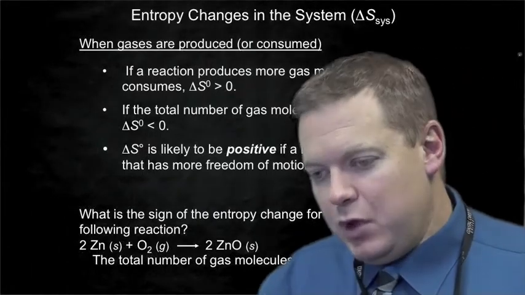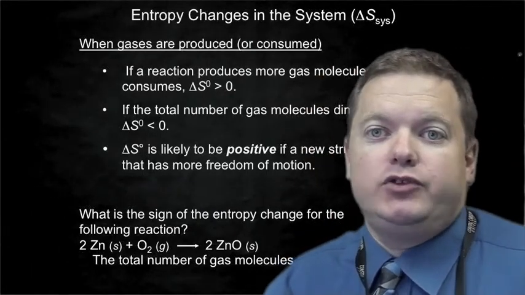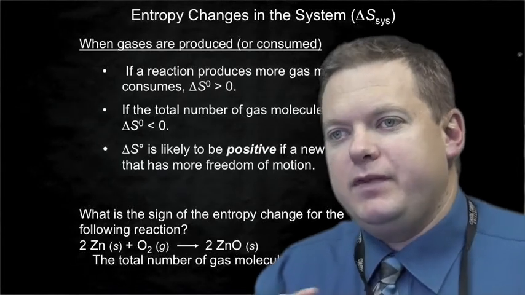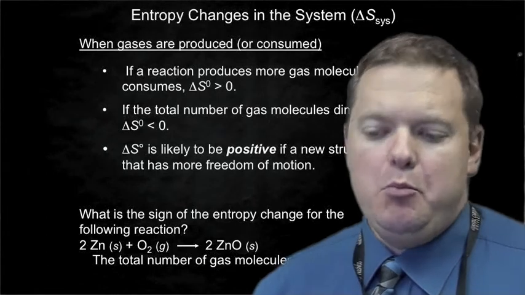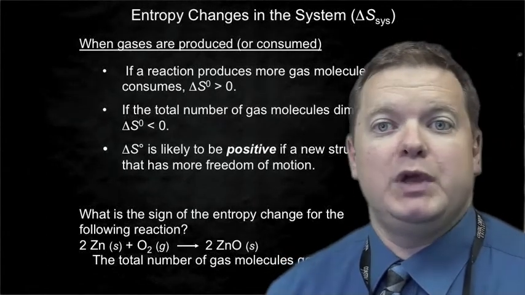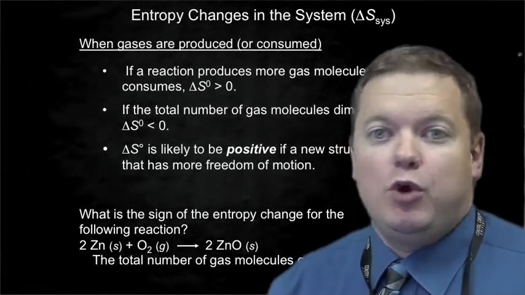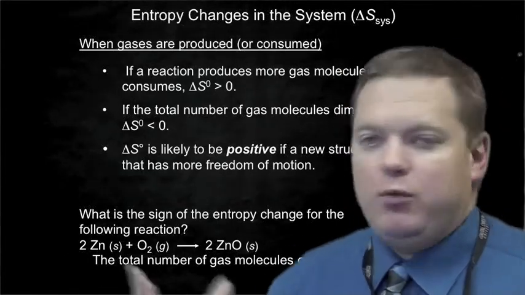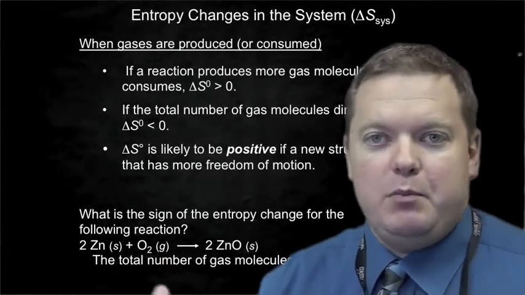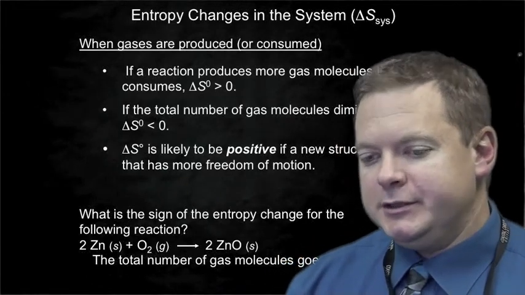If the number of gas molecules doesn't change, or if there's no gas present, then we can't really make any broad pronouncements about the sign of entropy, but we will know that those changes will be relatively small. Again, that's sort of a weird thing, what is small, but it's going to be a smaller number compared to when there are gas changes.